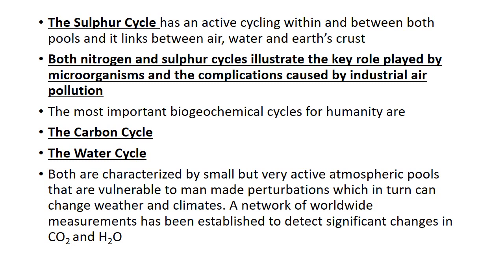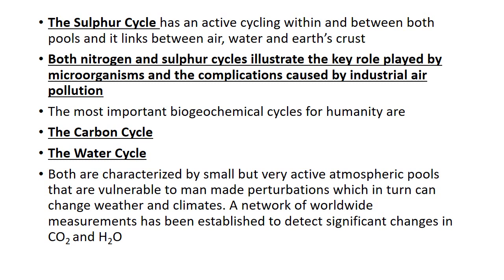There are various complications caused by nitrogen and sulfur in the form of industrial pollution. As we all know, nitrogen in the form of nitrates and sulfur in the form of sulfates, if released into the environment, leads to the problem of eutrophication or acid rains, and that has to be dealt with very intelligently.